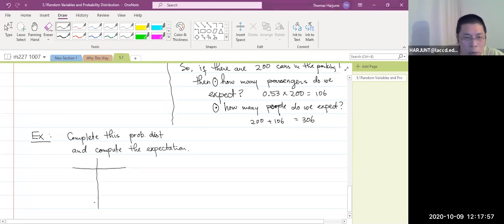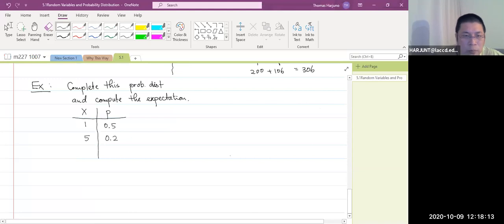So suppose I have x to be 1, the probability is 0.5, x is 5, let's say is 0.2, x is 10, is 0.15, and then 20.